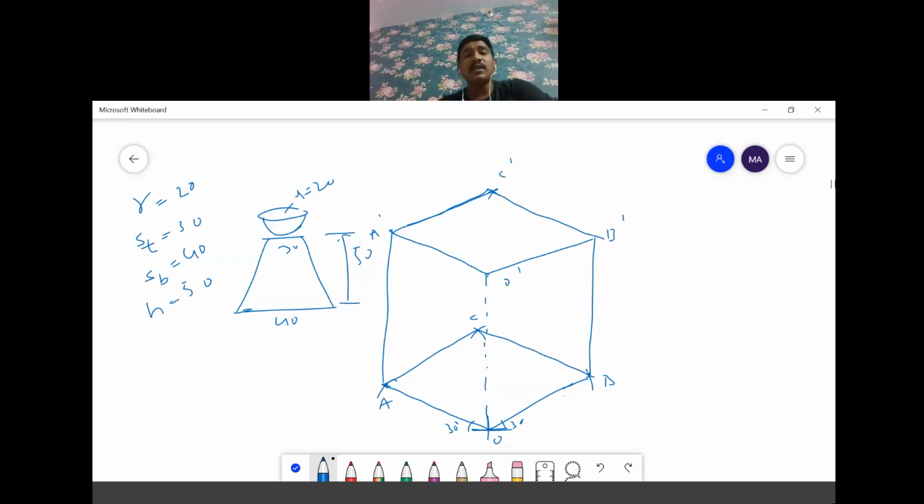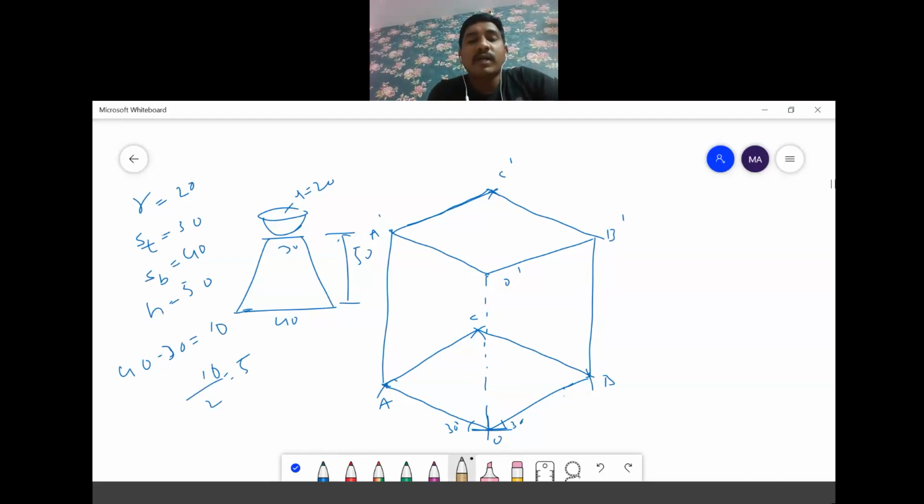Then he has given the top side as 30. This one is 40, and I have to reduce it to 30. 40 minus 30 is 10 mm, and 10 by 2 is 5 mm, so I have to reduce 5 mm on each side.